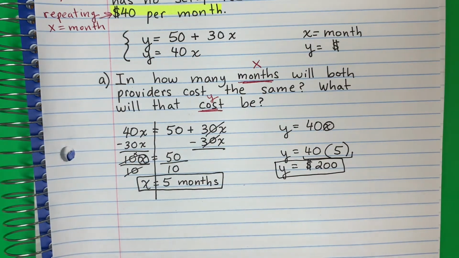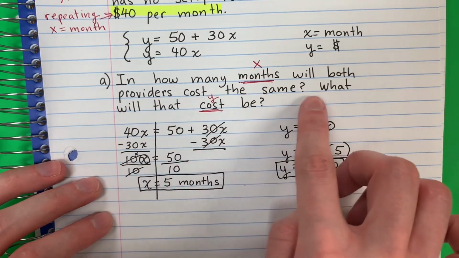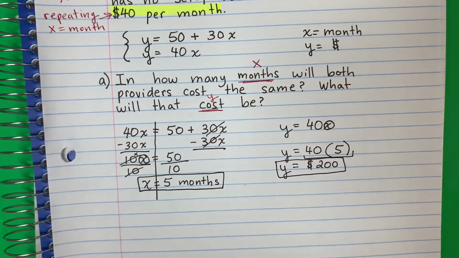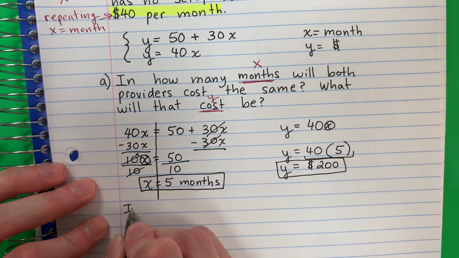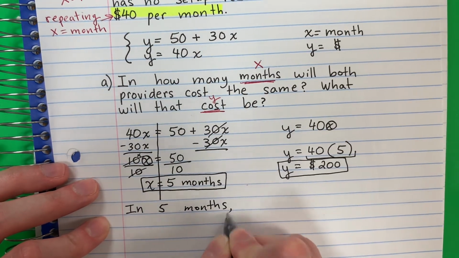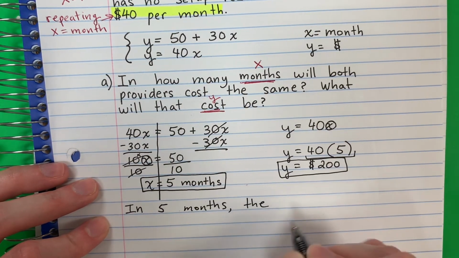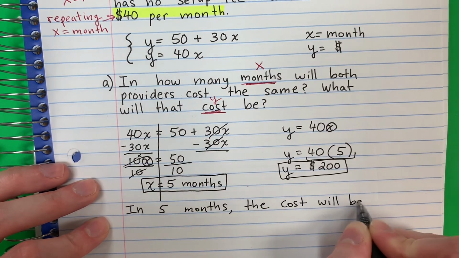Okay. So now we're going to write a sentence. Ahora vamos a escribir una oración. In how many months will both providers cost the same? ¿En cuántos meses el precio es igual? In 5 months. So we're going to write, in 5 months, the cost will be the same.